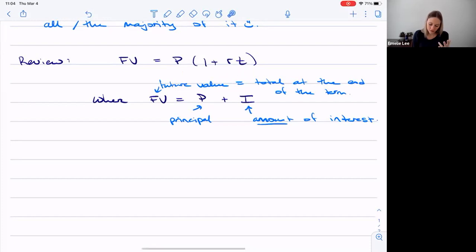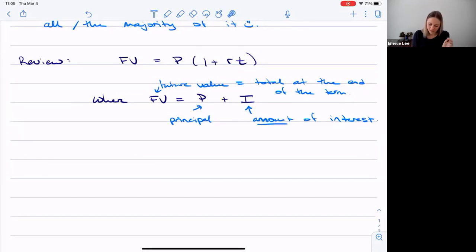And then we also solved for p. We were able to solve, what amount do I need to invest today in order for it to grow to $5,000, for example, at some interest rate and some amount of time. Today we're going to finish an example where we're calculating multiple future values.